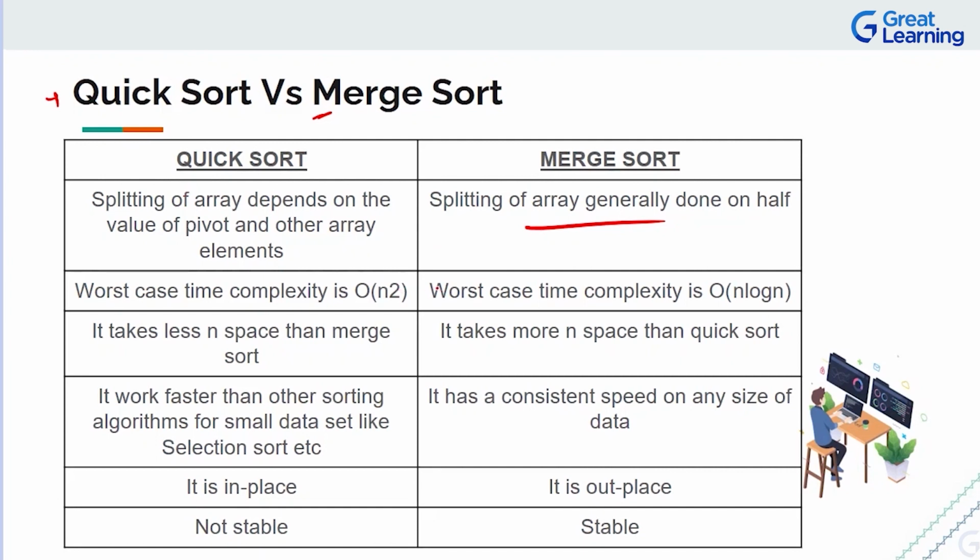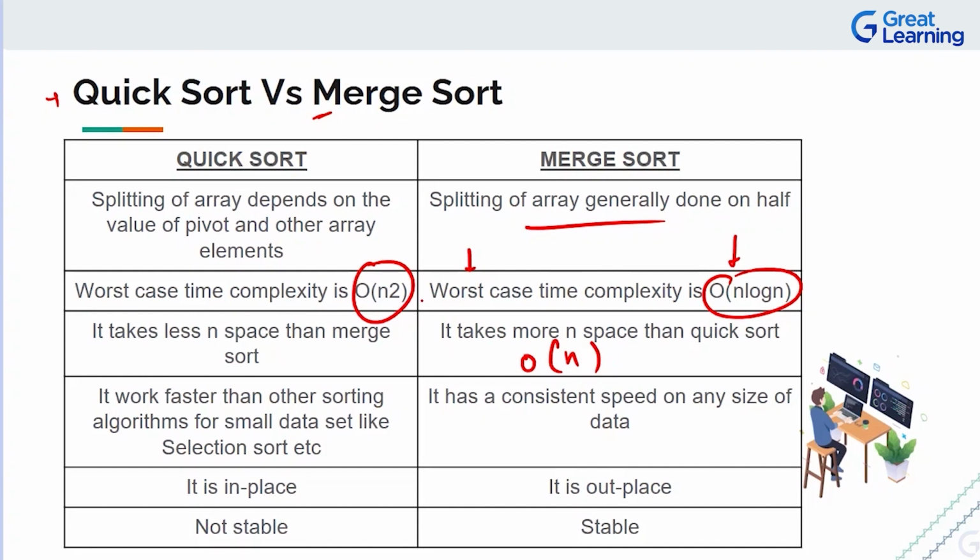Now, if we talk about worst case scenario, we have already studied that in worst case time complexity, the time required by merge sort is n log n, which is not the case in quicksort. It will be n square. Now, merge sort obviously takes n amount of, or if you talk about big O notation, it takes order n space complexity.